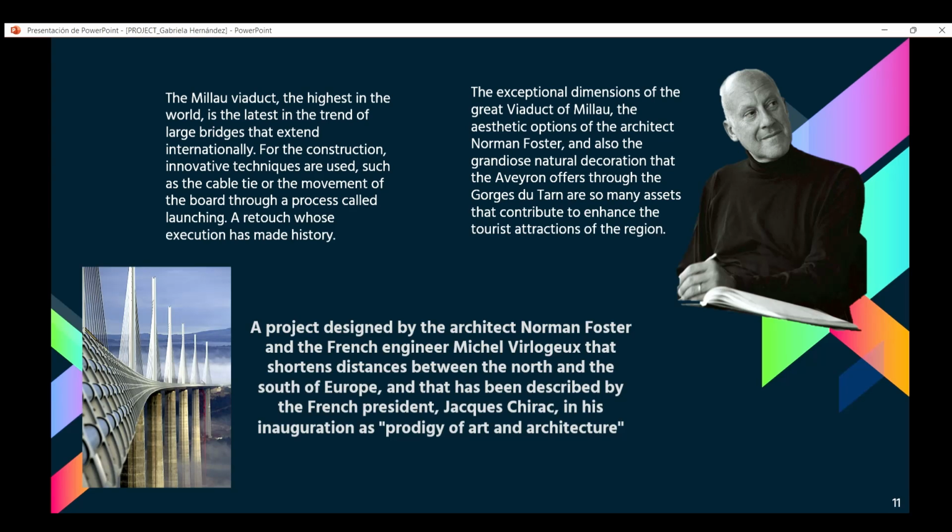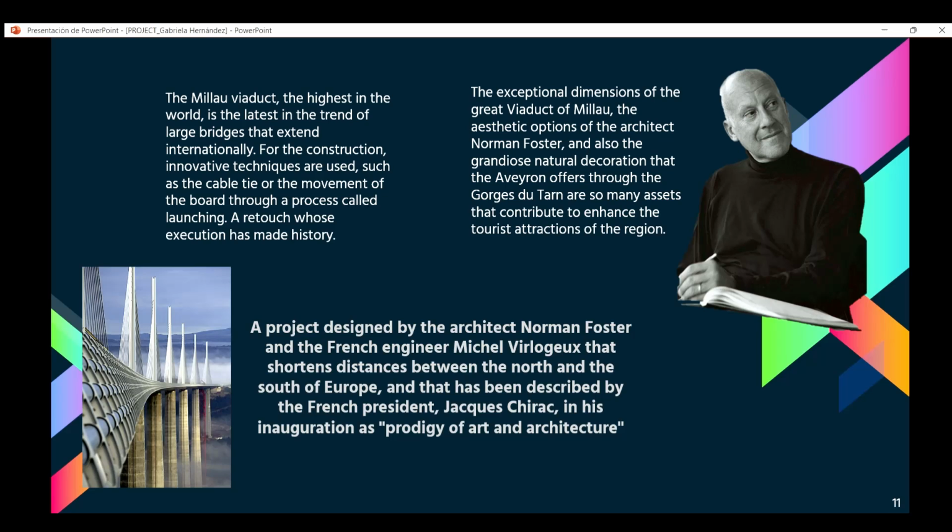The exceptional dimensions of the Great Viaduct of Millau, the aesthetic option of the architect Norman Foster, and also the grandiose natural decoration that the Aveyron offers through the gorges du Tarn, are so many assets that contribute to enhance the tourist attraction of the region.